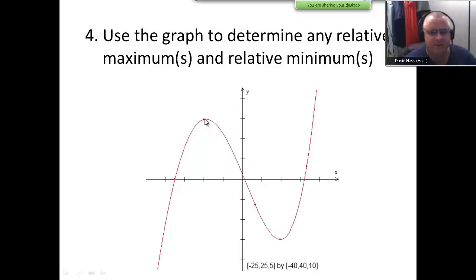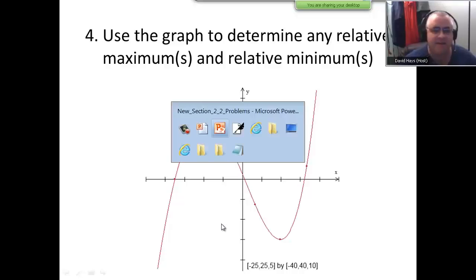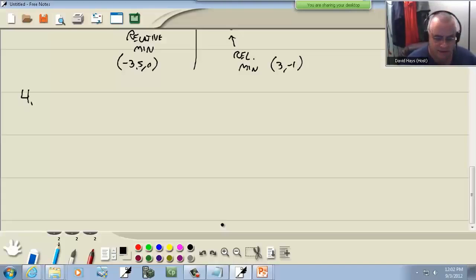Now this up here, it's going up, then hits a high point and goes down. Use your imagination that little dot is at the high point. This is 2 over here. Well, these go by fives, which means this is -10. So we've got a relative max.